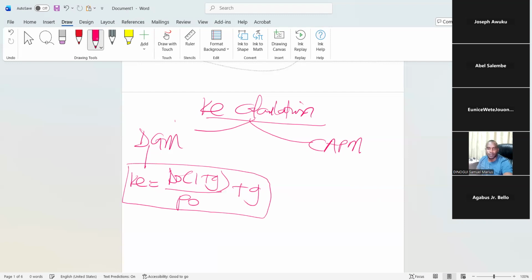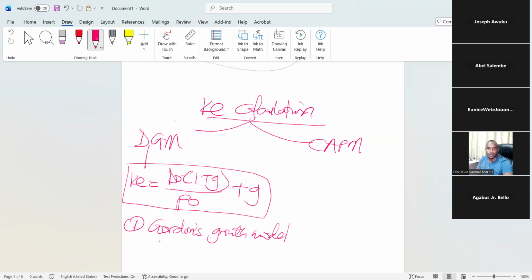But what if he doesn't give you the g in the formula? Then we said that the g can be calculated using Gordon's growth model. So we pray that on the day of exam, he gives us the g. But if he doesn't, we need to know the two ways to calculate it.